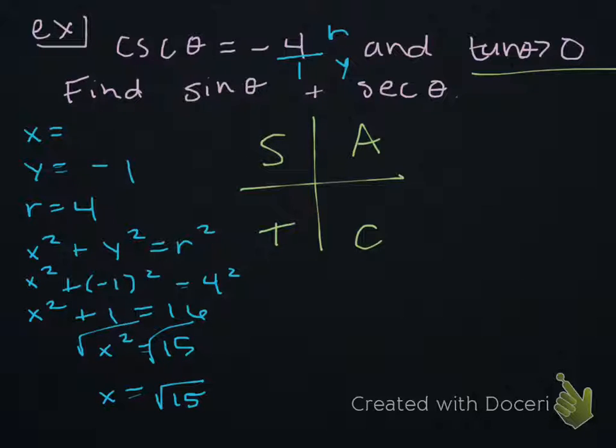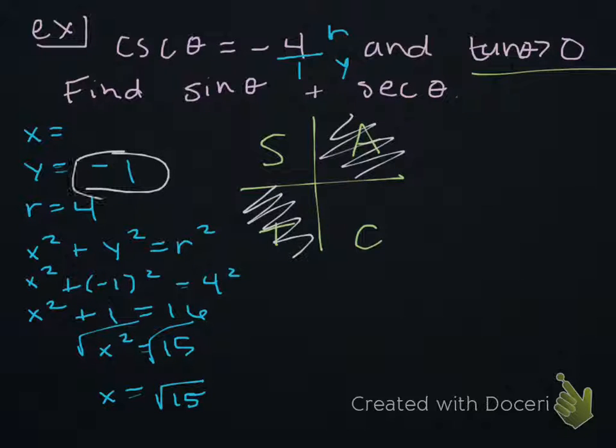And I know tangent is positive in quadrant 3 and quadrant 1. So those are the 2 quadrants I have to pick from. Now remember, we do know that my y value is negative. So the only place that would overlap with these 2 quadrants of a y value being negative is the 3rd quadrant right here, which means that's enough information to determine that x is negative square root of 15.